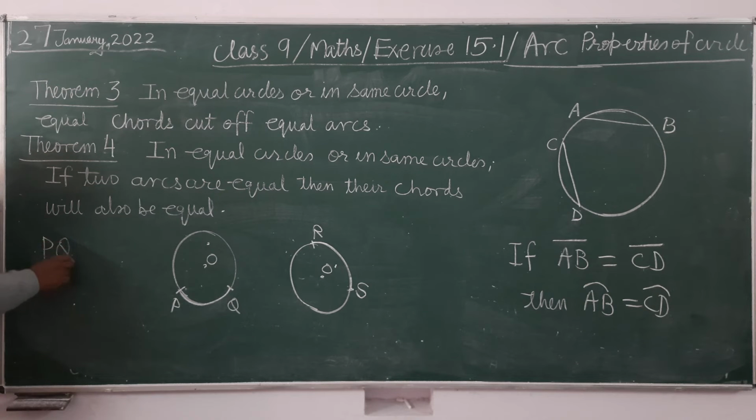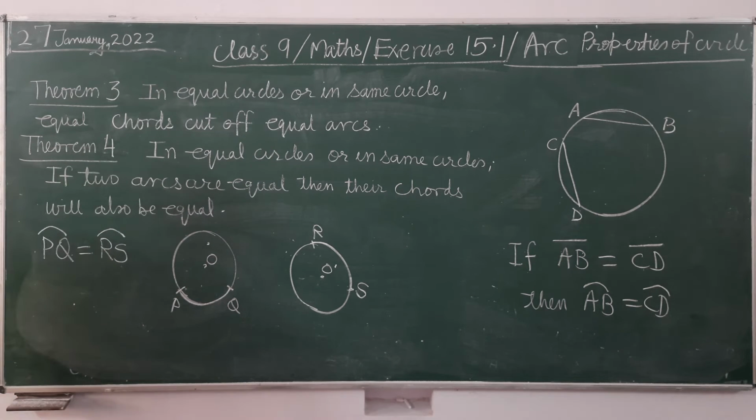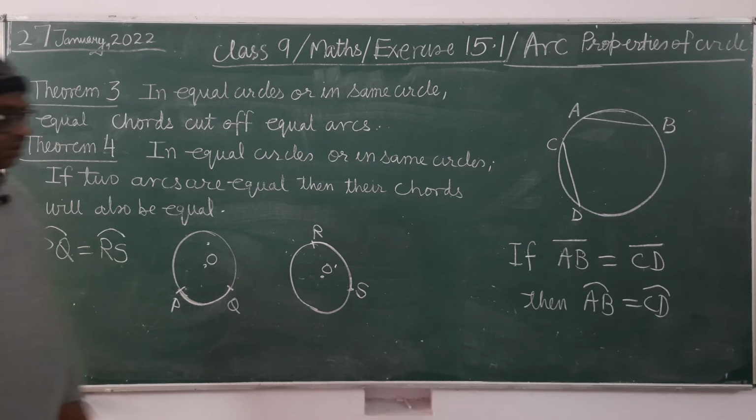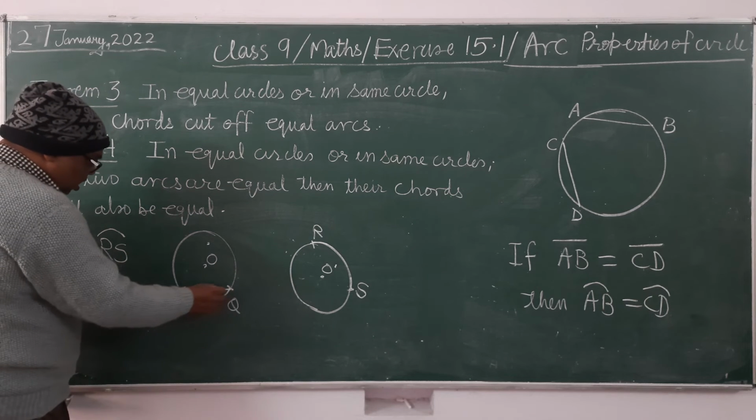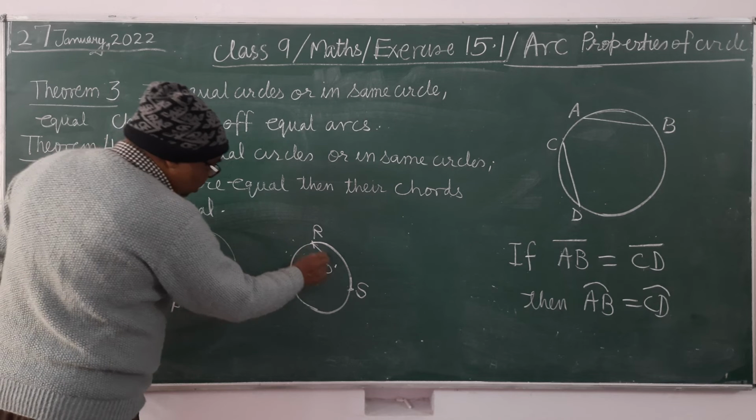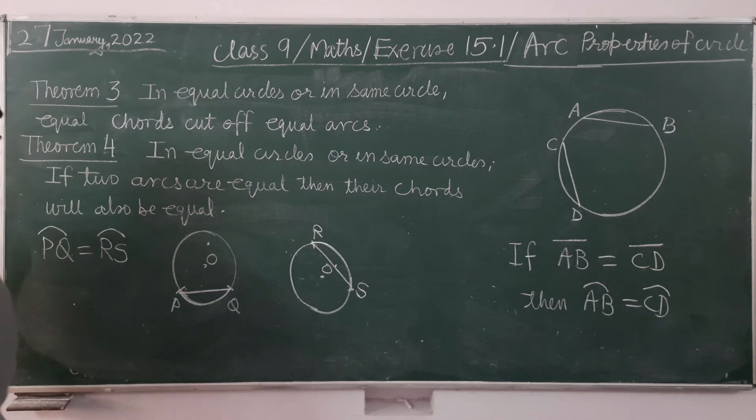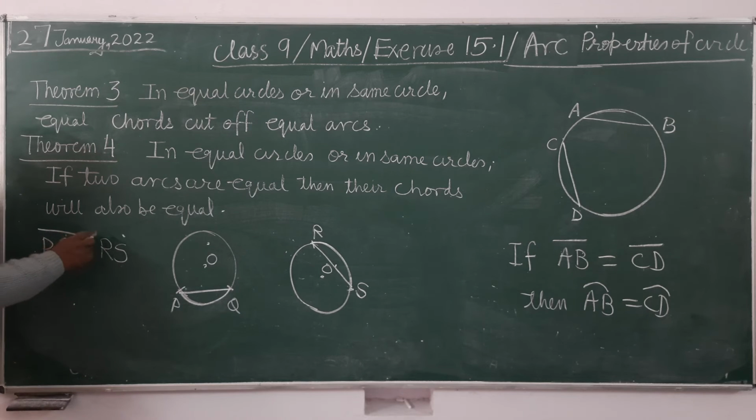Arc PQ will be equal to arc RS. It is given. Circles are of equal size. This is the chord PQ and this is the chord RS. Here it is given chord PQ is equal to chord RS. Therefore, arc PQ will be equal to arc RS.